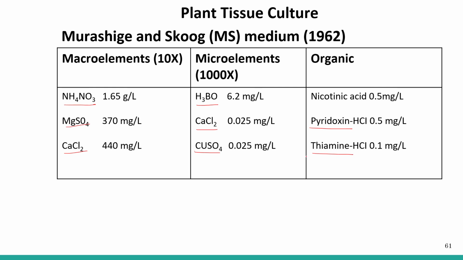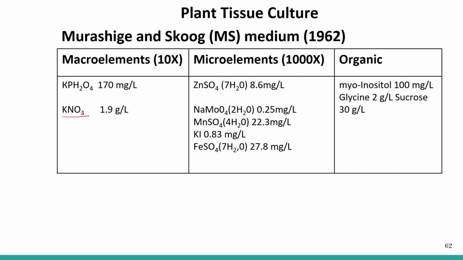So these are some of the organic compounds that are required. And this is called the Murashige and Skoog medium. For this particular medium, we require these macro elements, micro elements, and organic compounds.